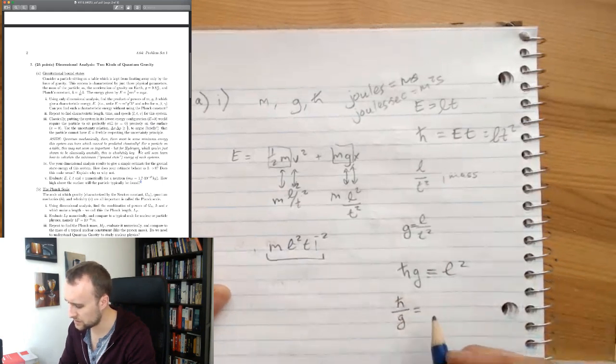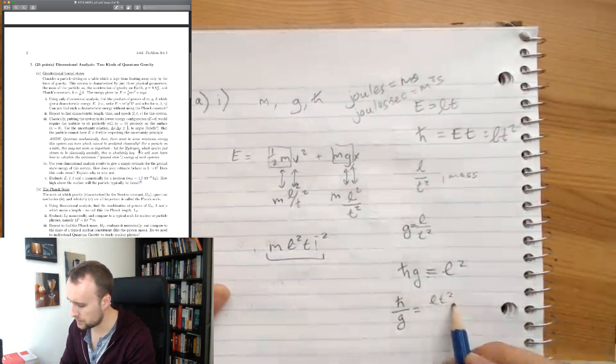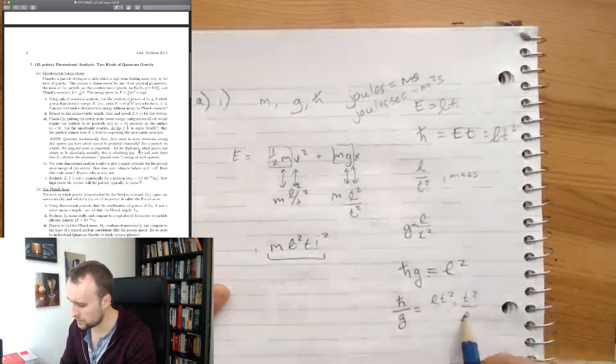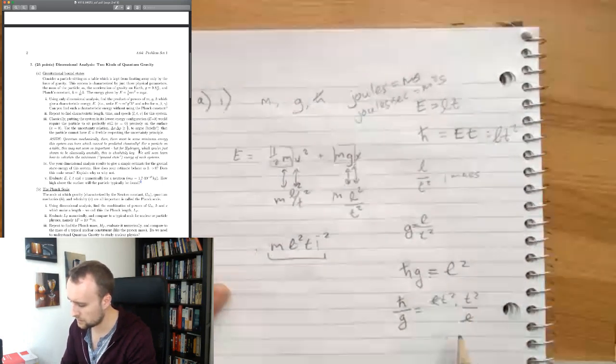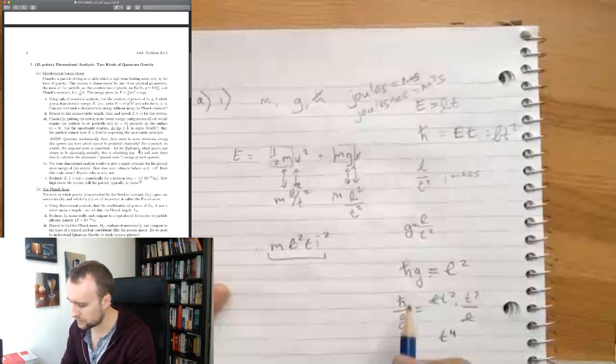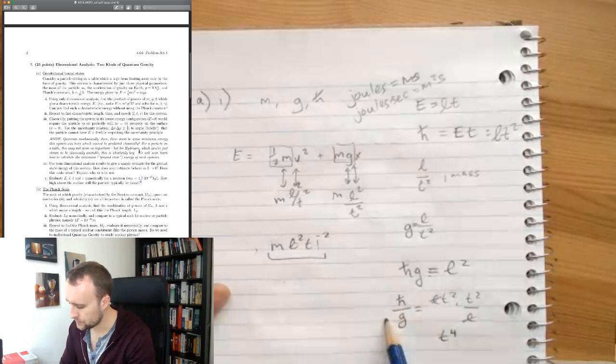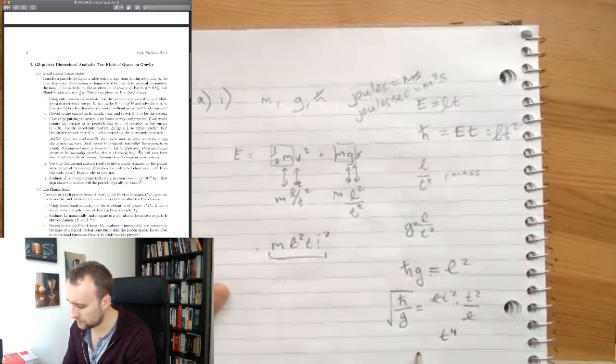Is h bar divided by g equal to L t squared times t squared over L? You get t to the 4th, h bar over g. So if we get this, it is going to be on the order of time squared.